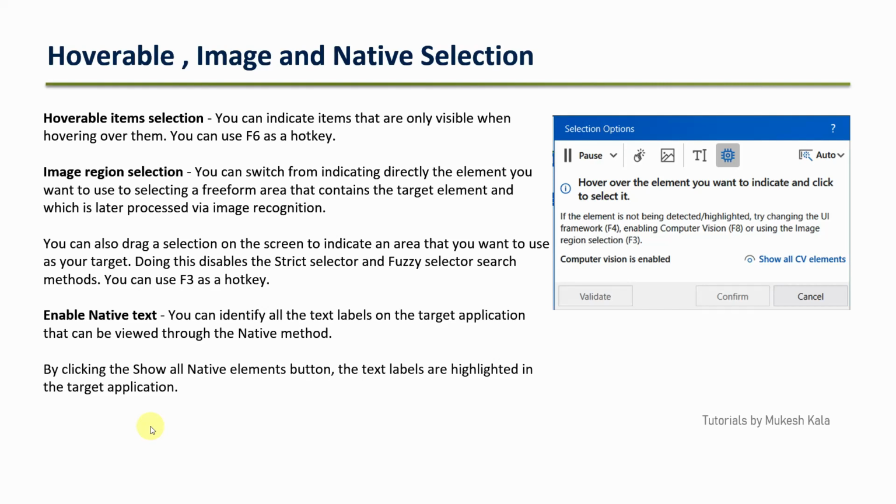If I have to select something which is only visible when I keep my mouse on it, when I hover my mouse on it, to select such an item, we need to have different techniques. We used to use different techniques in the classic. Here, you simply can use a shortcut key which is called F6, and that would allow you to select the hoverable items, right? Let's see this first in action and then we'll move to the other one.